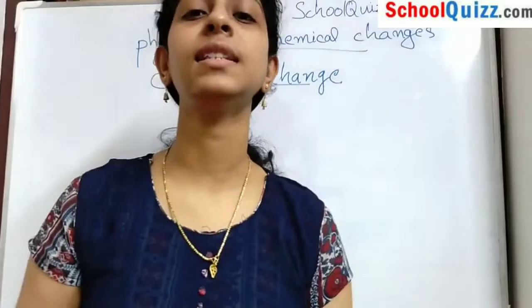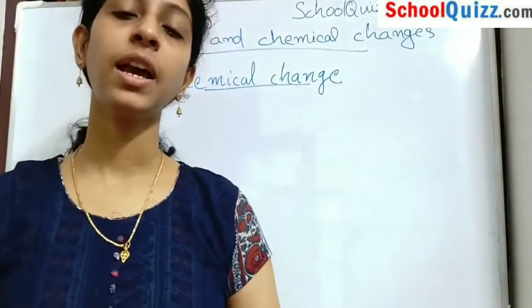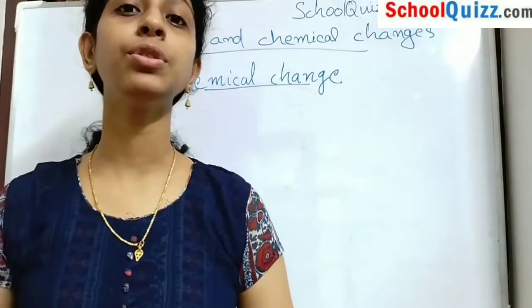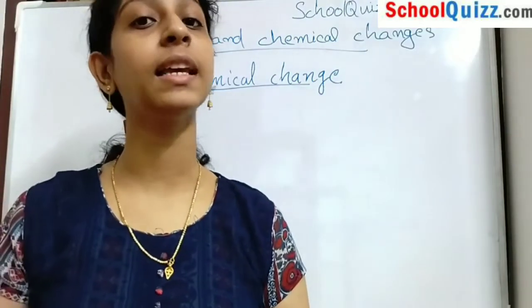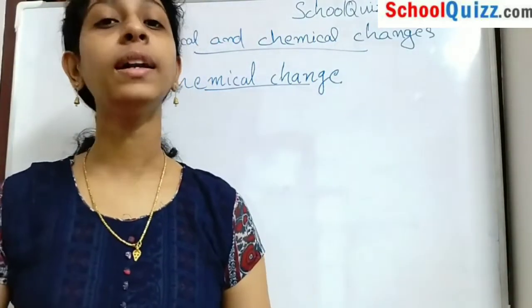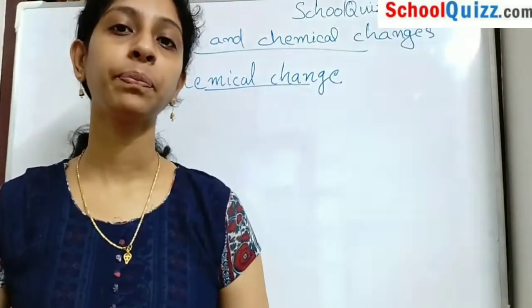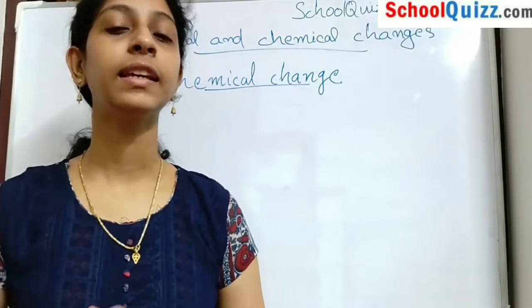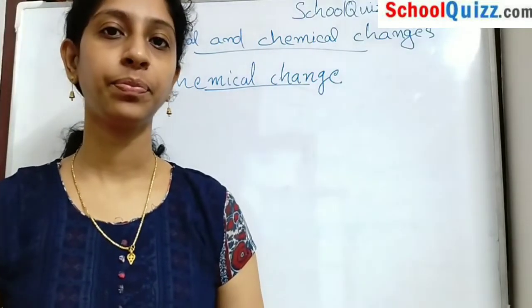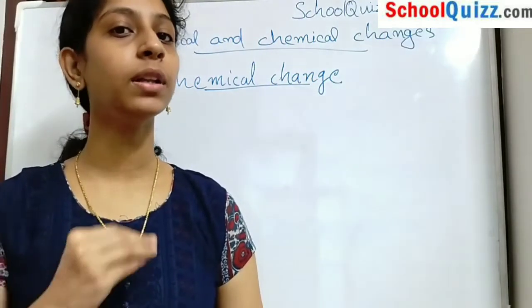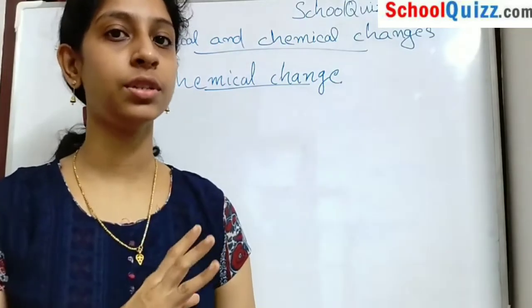So we can say that a change in which one or more new substances are formed is a chemical change. All chemical changes are also called chemical reactions. Okay, this is about the chemical change.